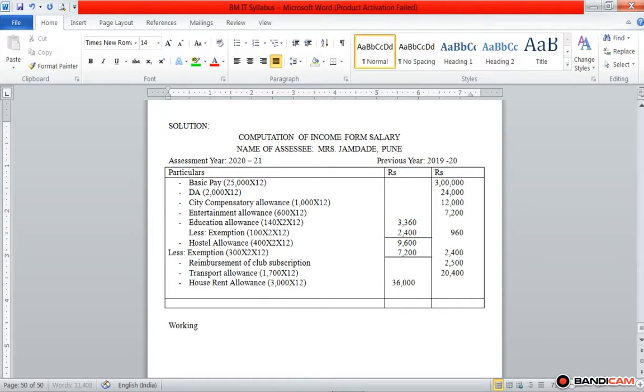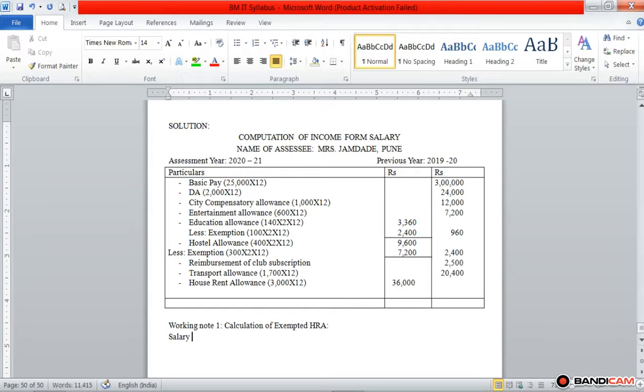Working note: calculation of exempted HRA. First of all, to compute the salary for calculation of HRA.